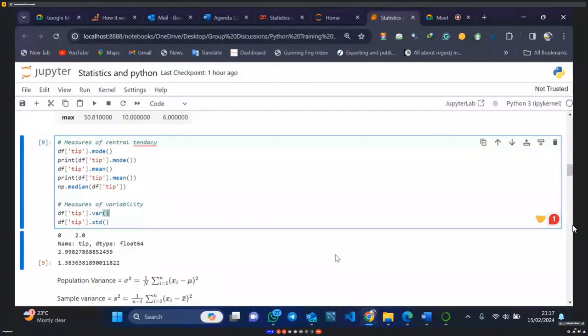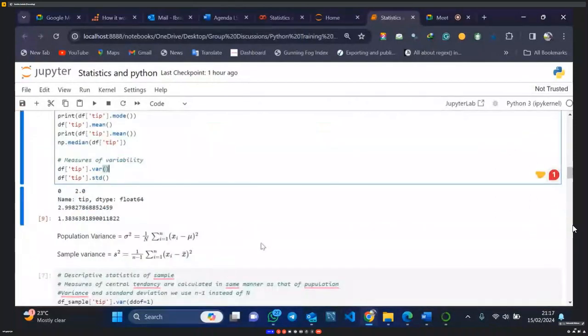When you're calculating variance, you're subtracting the mean from x, and you're squaring it. So that's when you're getting the variance. Now, so that the number doesn't get too big, that's when you reduce back to standard deviation.